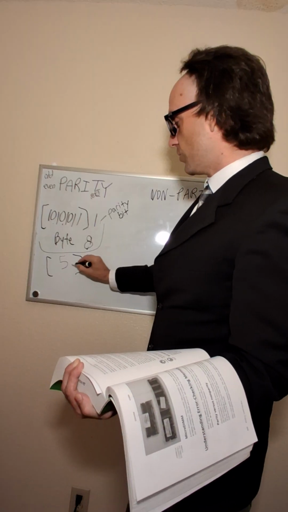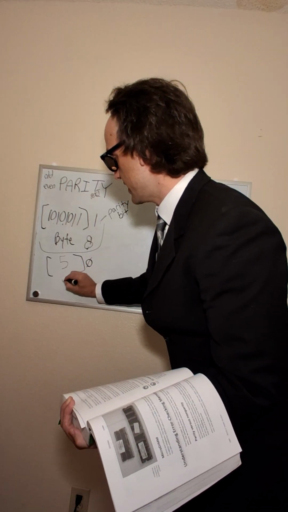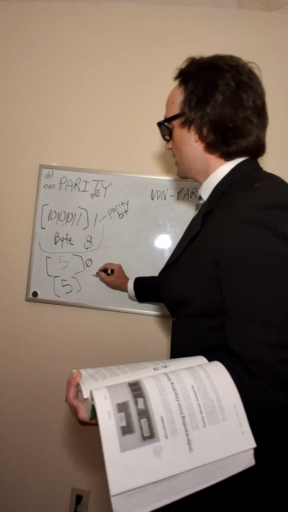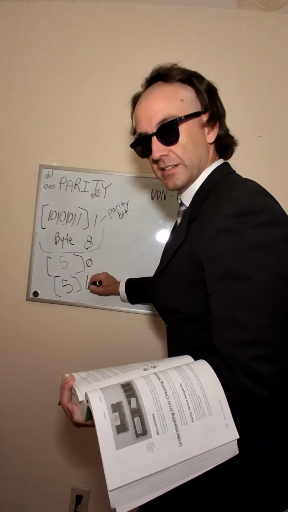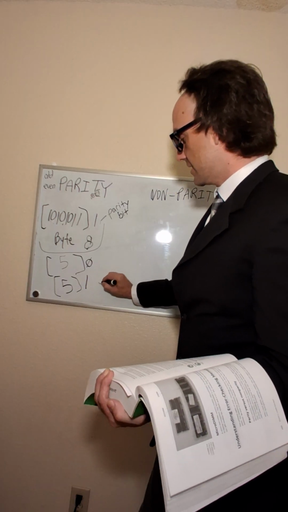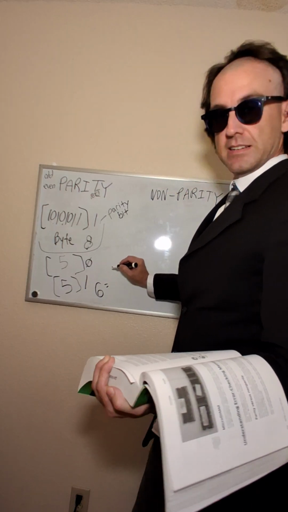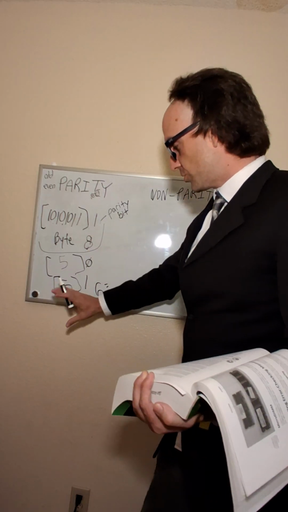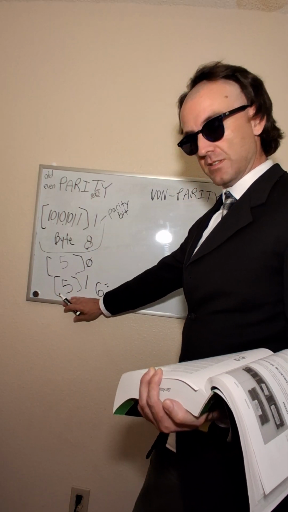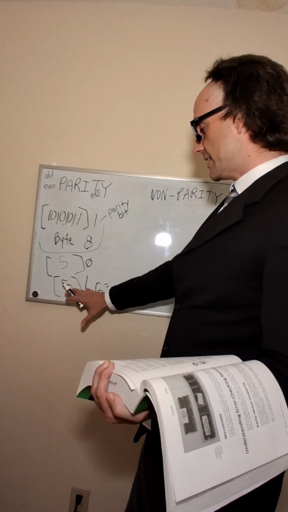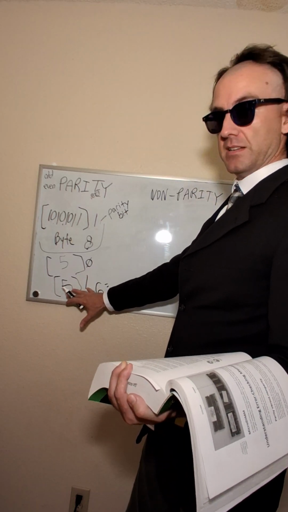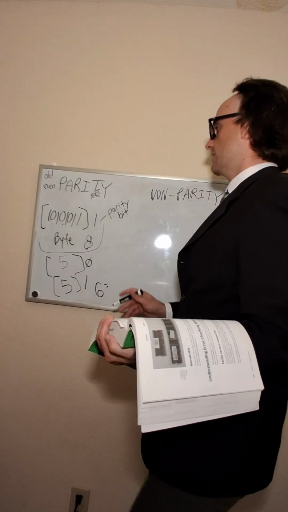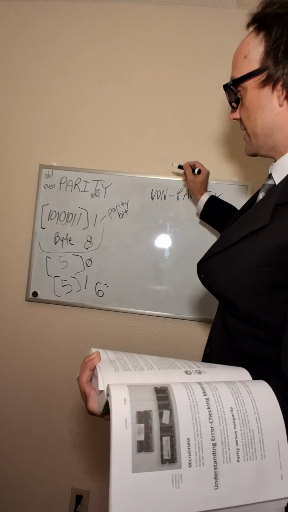That would make the total 6, because 5, that's your byte of information, plus your parity bit being on makes it 6, which is even. So that's even parity. It'll store the 5, and then store it with this 1, this parity bit. So even parity, odd parity. That's what parity memory is.